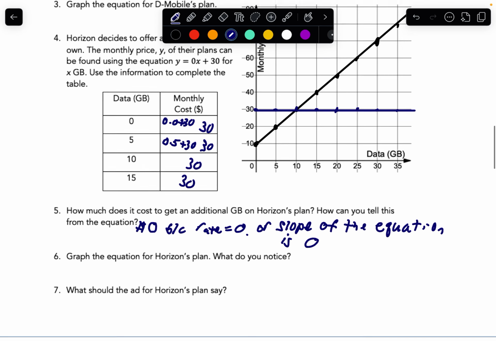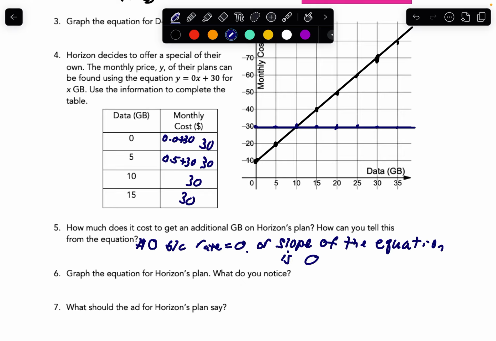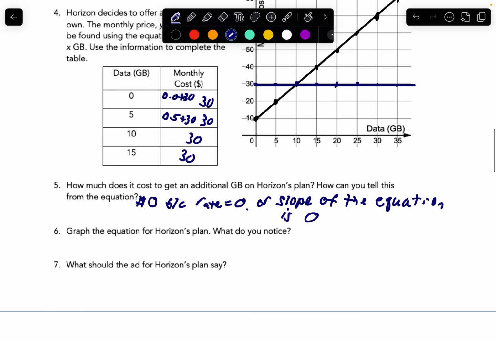Graph the equation. I already did up here. What do you notice? It's a horizontal line with a slope of 0. That's what a horizontal line is.